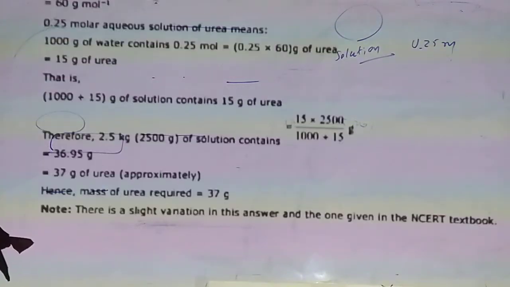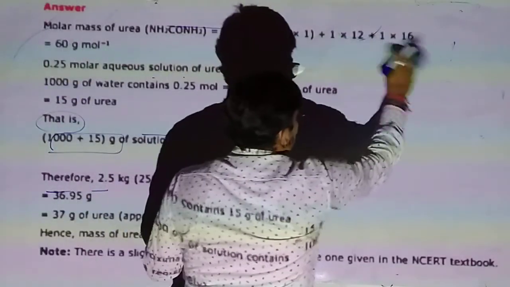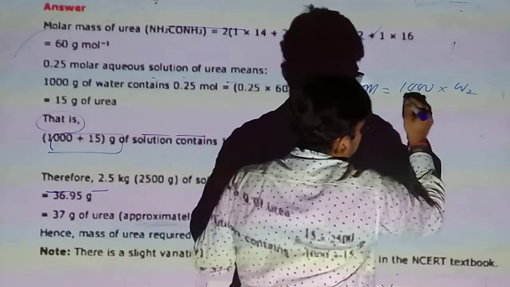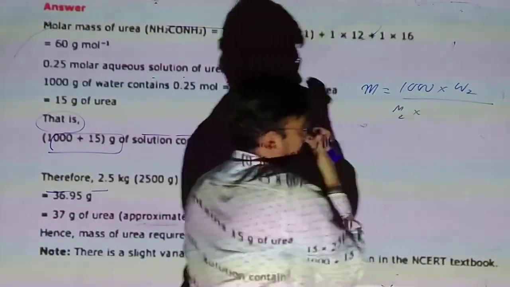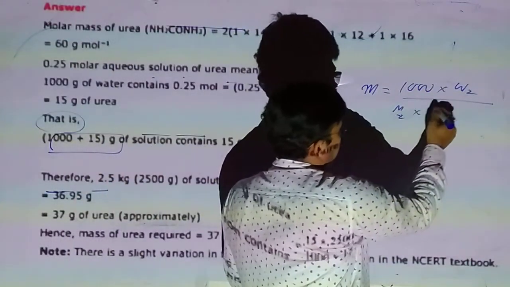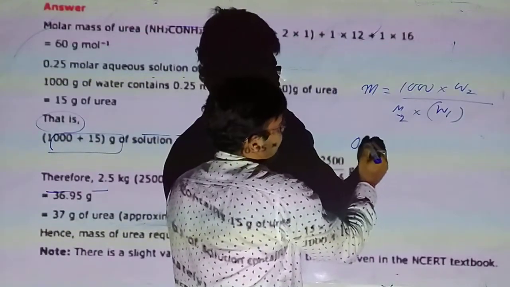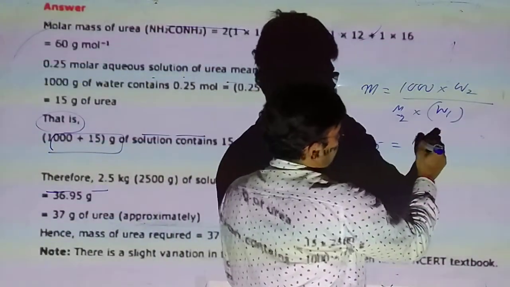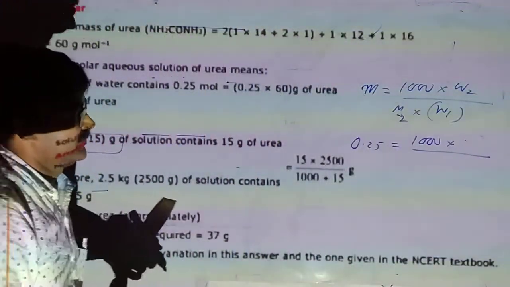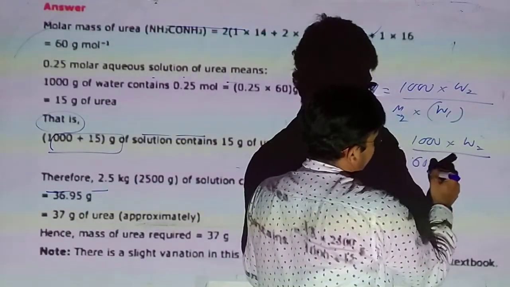I am giving you a simple method for this. We have to use a formula. Molality is equal to 1000 into mass of solute upon molecular mass of solute into mass of the solvent. Here molality is given, 0.25. We have to derive the mass of solute, W2. Here the molecular mass of urea is 60.